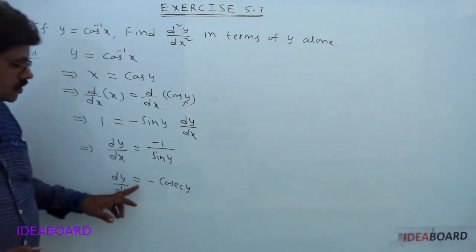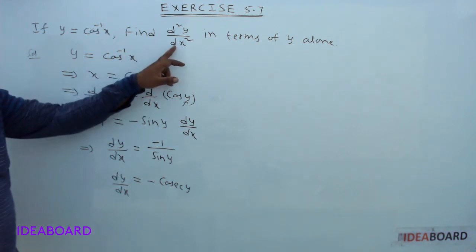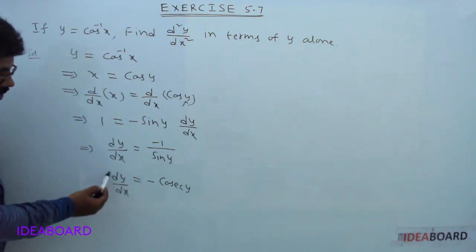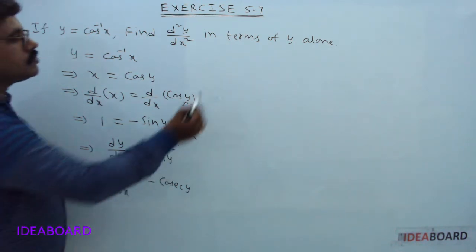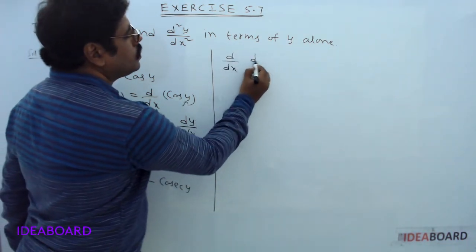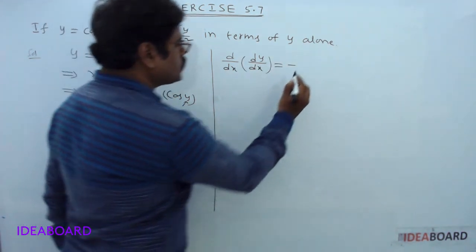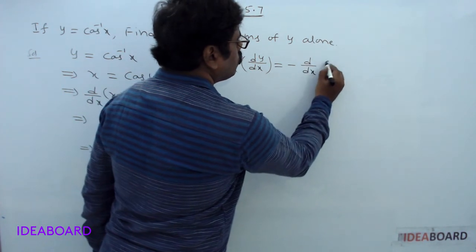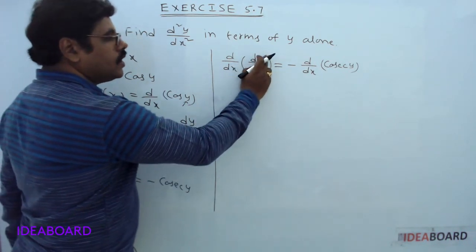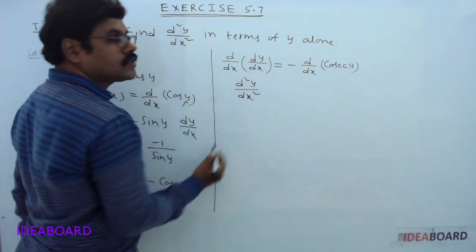So dy by dx equals minus cosecant y, but we need the value of d square y by dx square. So once again differentiate this dy by dx with respect to x. That is the derivative of dy by dx, which is the same as d square y by dx square.